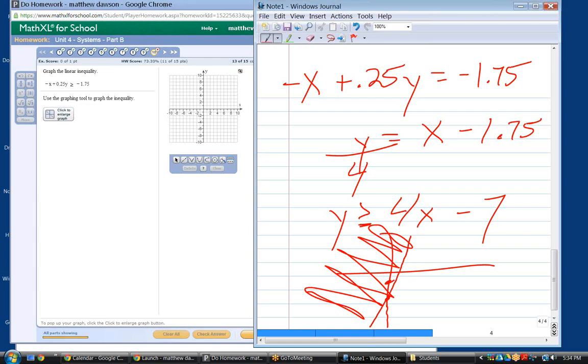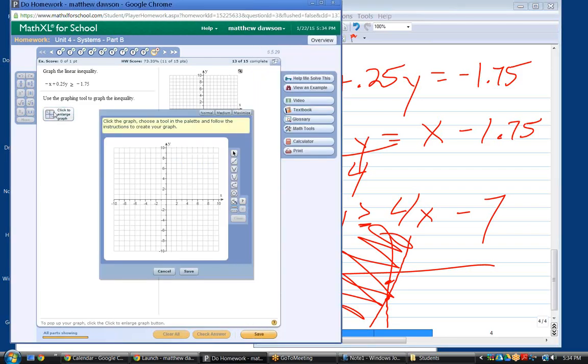Now, that's what I'm going to draw on here, if I can figure out how to use your tools. How do I do it? If you hit that, there's the toolbar to the side of the graph. You hit the thing right below the mouse. This one right here, the line tool? Yeah. Okay.